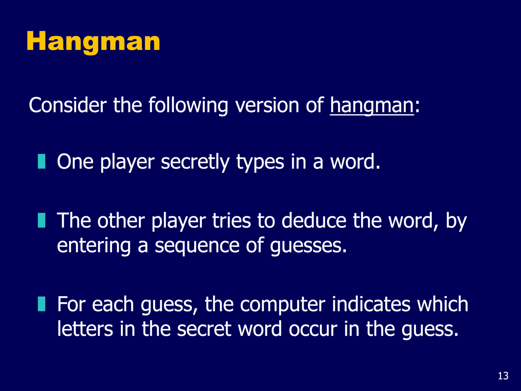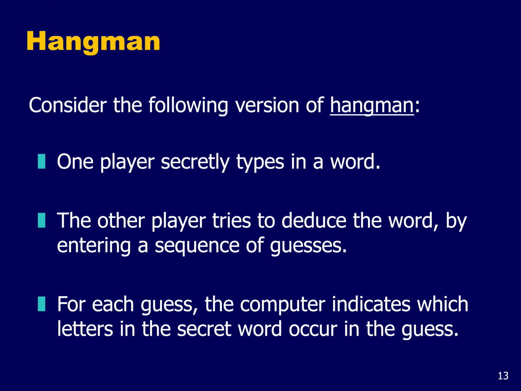So maybe not everyone's familiar with this, so I'll first of all just introduce you to the game and what the rules are. So it's a 2-player game, and first of all, one player is going to secretly type in a word in a way that the other player can't see it. So we're going to need to write a program which actually lets one player secretly type in a word, which we'll do in a moment.